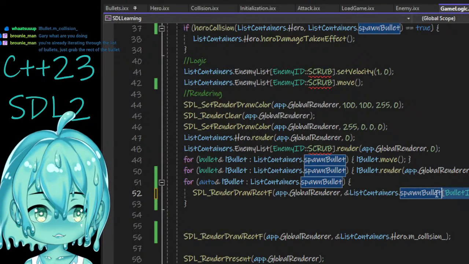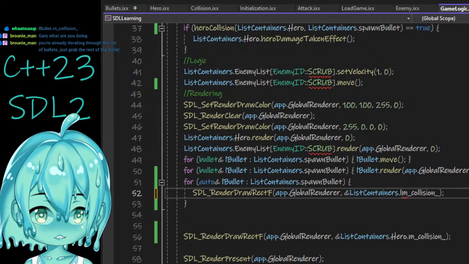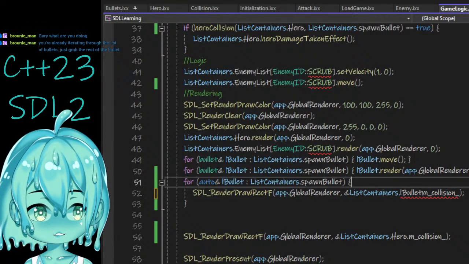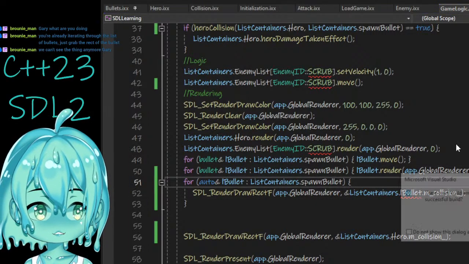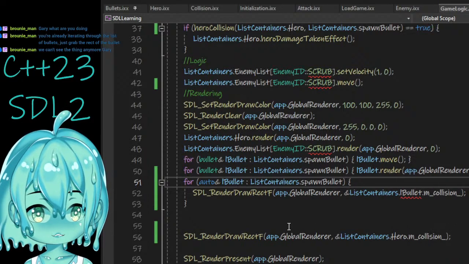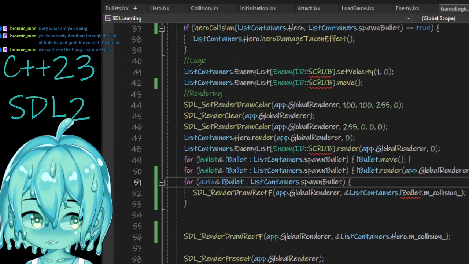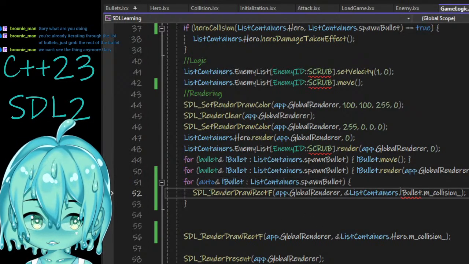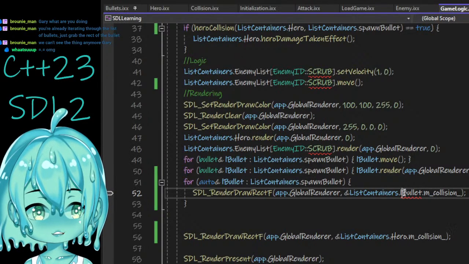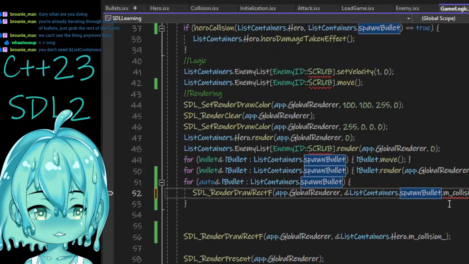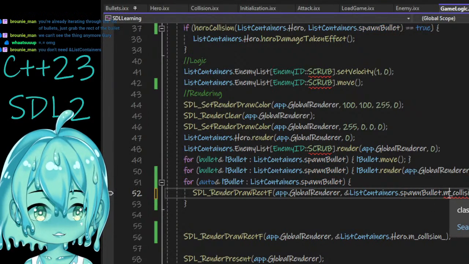No. Oh, you're just saying this. Oh, does that work? Yeah, that doesn't work. Yeah, because it's changing. Because it's not a member of load game data. Spawn bullet is, but M collision isn't now.